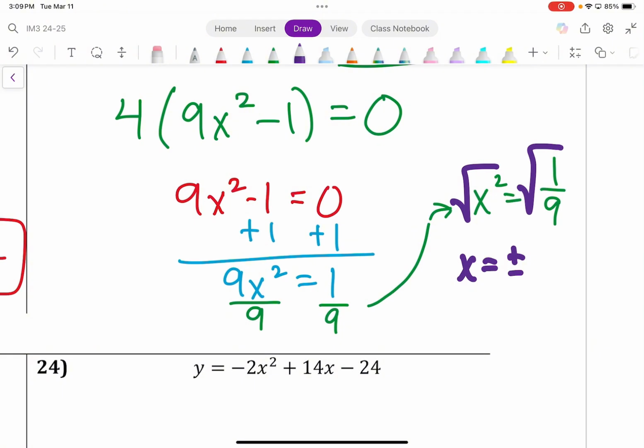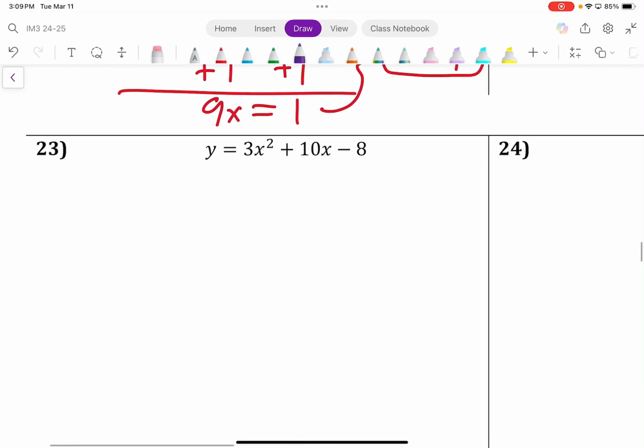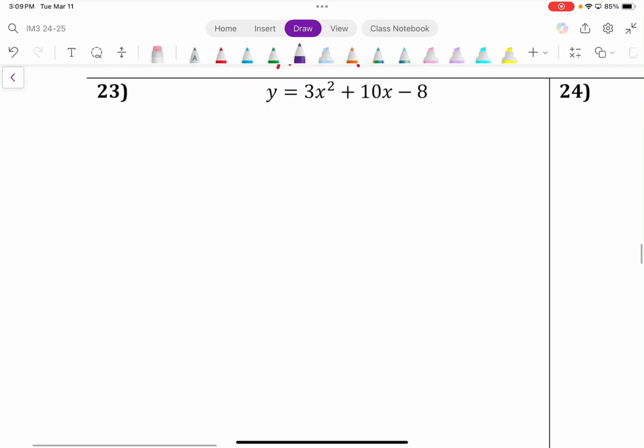Square root of 1 is not 0, it's 1. Square root of 9, 3. Okay, we get plus or minus 1/3. Next problem.